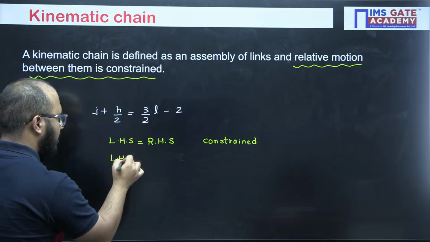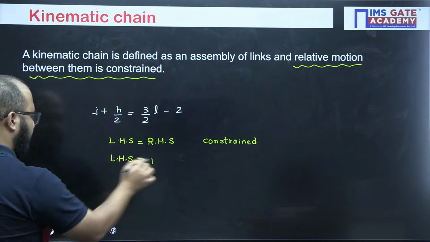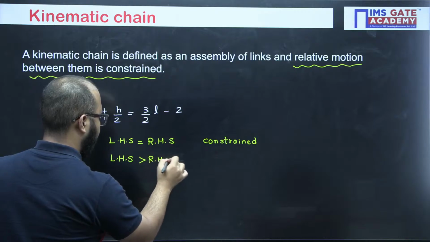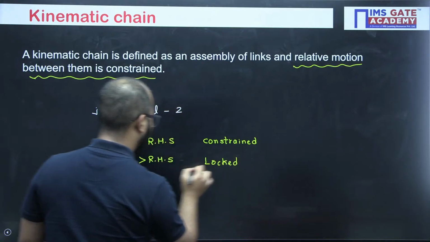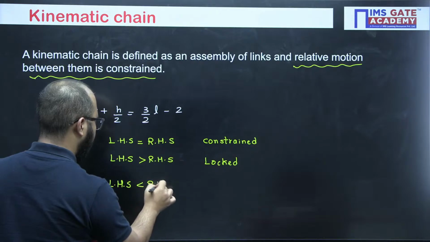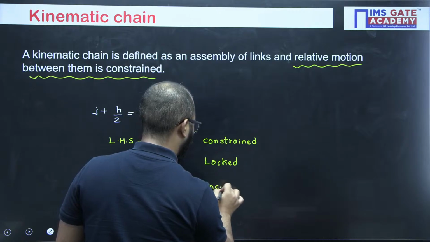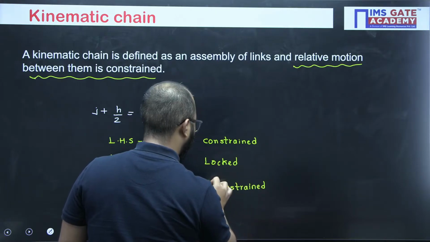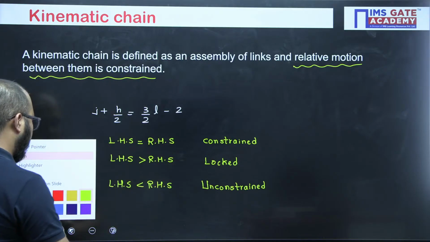If LHS is greater than RHS, it is considered a locked chain, and if LHS is less than RHS, it is unconstrained. Please remember this relation, very, very important.